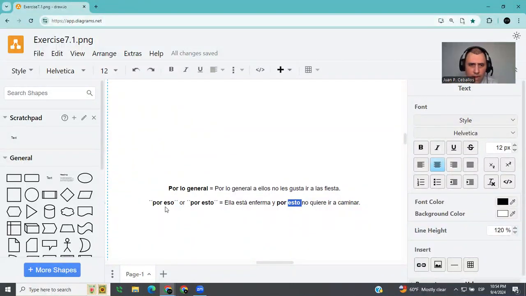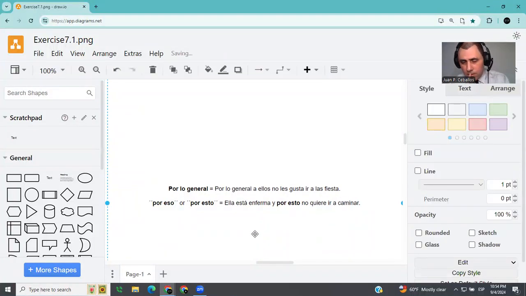And eso, because of that, expresses distance when it comes to time or physical location or something physical. So that's what we have for that.